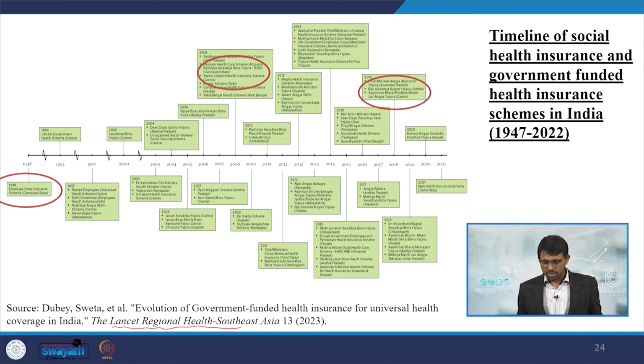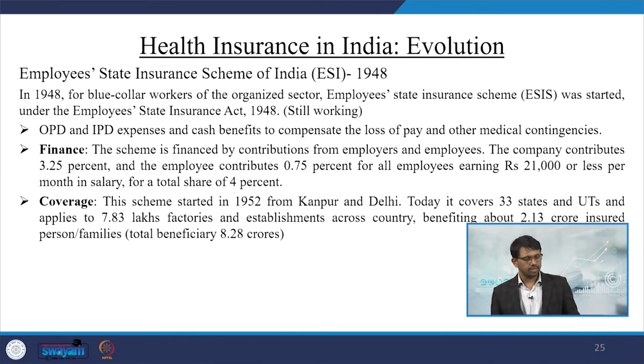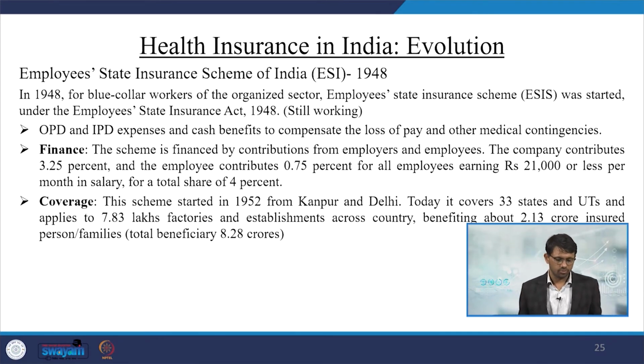Similarly, we are also emphasizing other schemes over time, and to mention a few, we have explained here the Employee State Insurance Scheme of India, 1948, which is for the blue collar workers of the organized sector. That is part of the ESIS, which was started under the Employee State Insurance Act 1948, and this is still working.